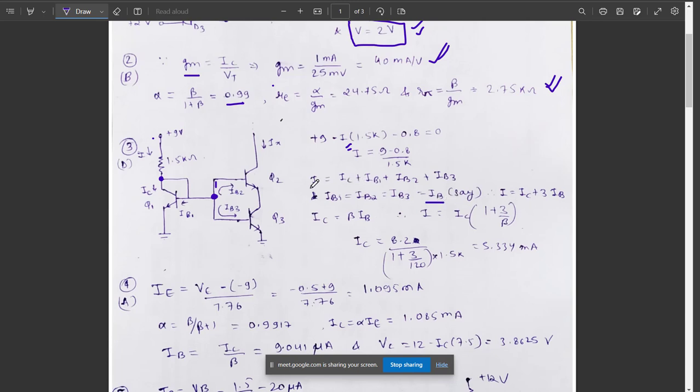So I is equal to IC plus IB1 plus IB2 plus IB3 at this node. Here it will be 2 IB and here 1 IB, so total 3 IB is going in this direction, and this is IC. Got it? At this node?